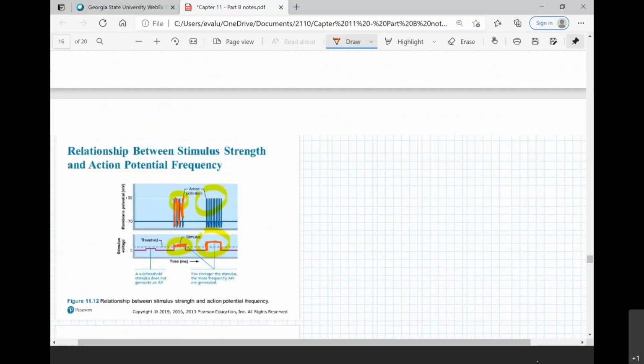So it's the relationship between stimulus strength and action potential frequency. You're still getting the action potential, but the difference between the two is this one, I drew over it, so let me erase it, only has 4 action potentials. This was higher, so it has more. So it's not that the signal strength went greater here, it's that it went greater frequency-wise there.